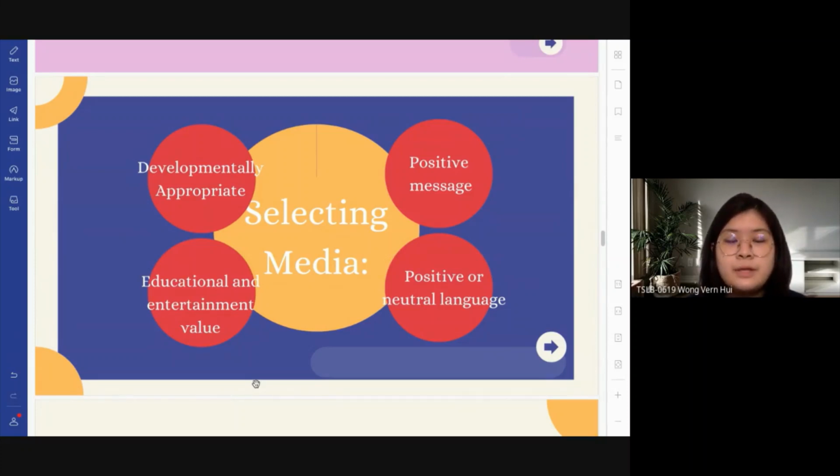It needs to be beneficial for the students to understand the educational topic and also learn in a not very stressful way. The third one, positive message. The media selector needs to bring positive images, positive messages that aid students in helping them to understand the topic they are learning. The fourth one is positive or neutral language.